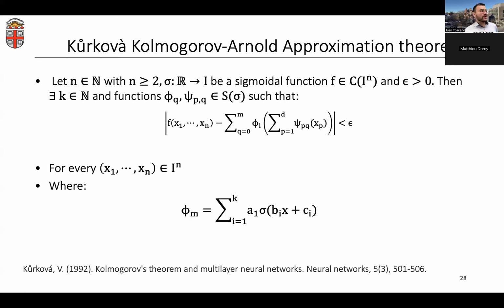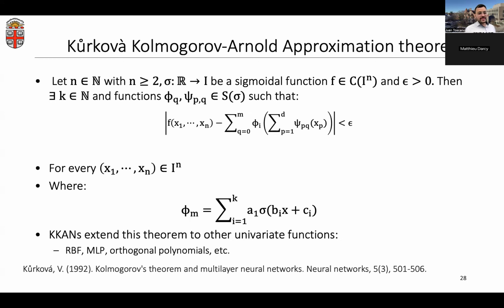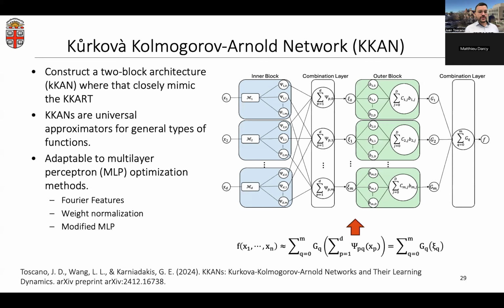So what was our contribution? We extended this theorem to other univariate functions. We can use radial basis functions, MLPs, and orthogonal polynomials, for any function that can be a universal approximator. That's what we try to do. This is what the architecture of the KKAN looks like.